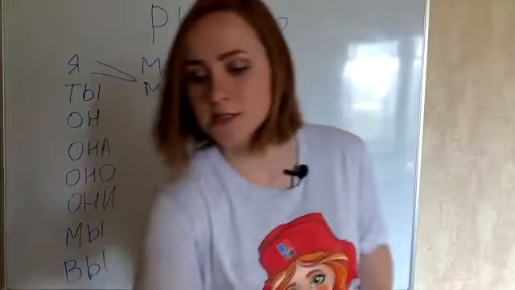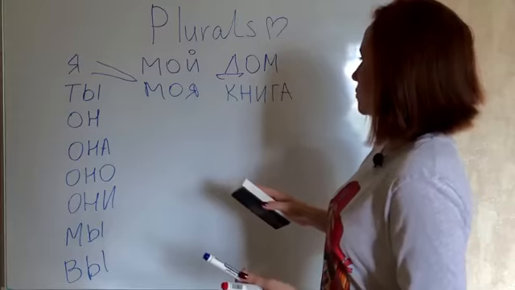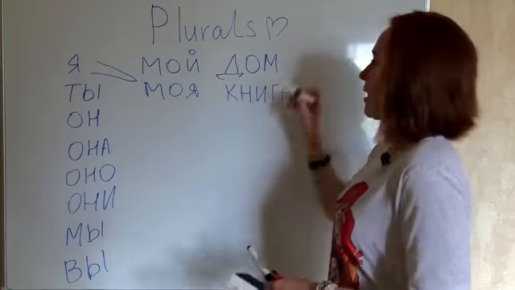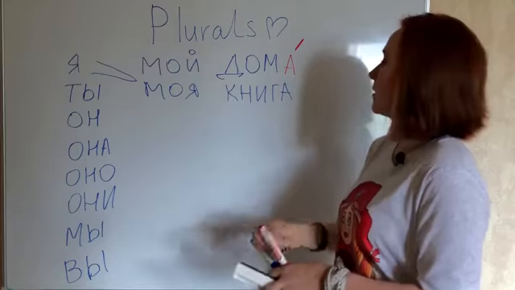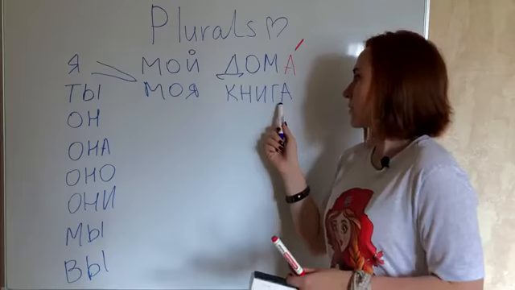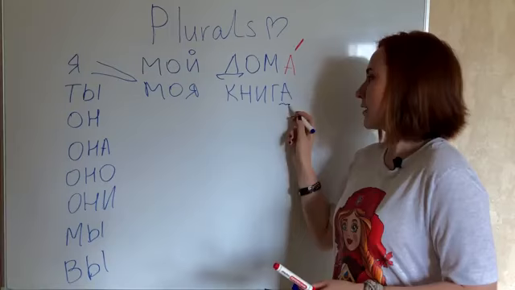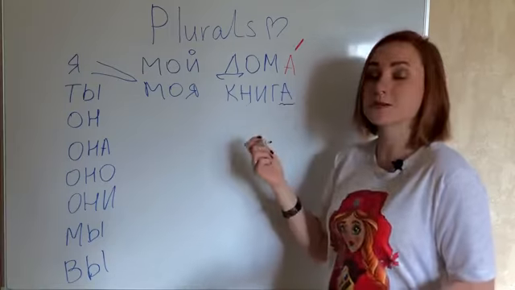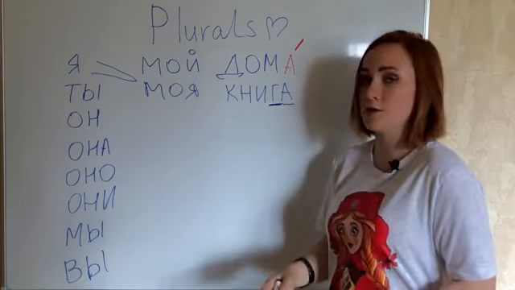So, let's practice with the situation when we have several objects. Actually, right here, we already know that houses is дома. It's an exception, remember? Дома. And книга, here it's very tricky because on the one hand you have a here, so you kind of want to turn it to u, but no, we have g here.